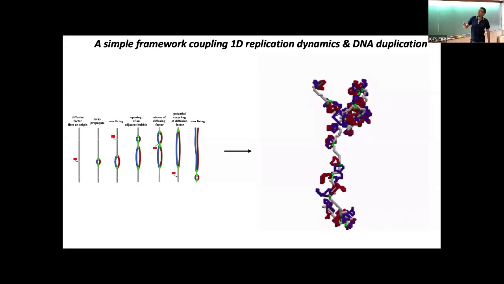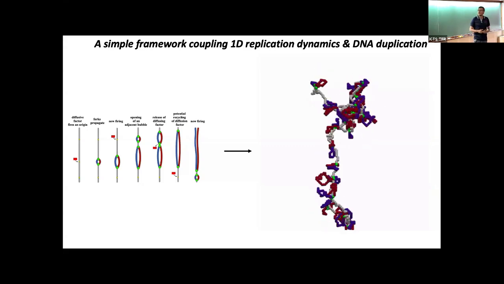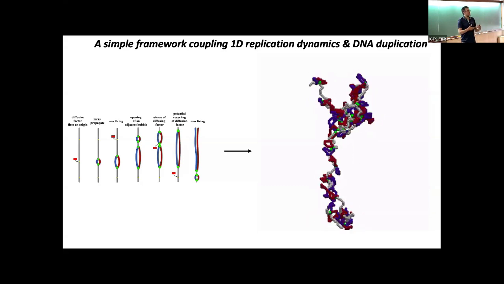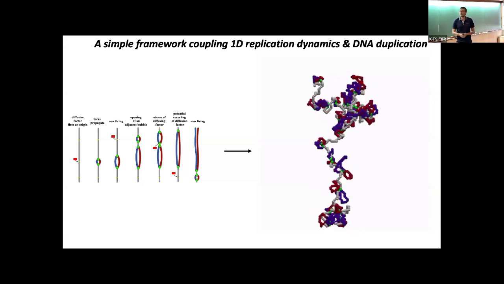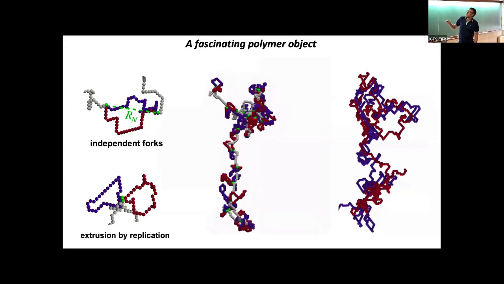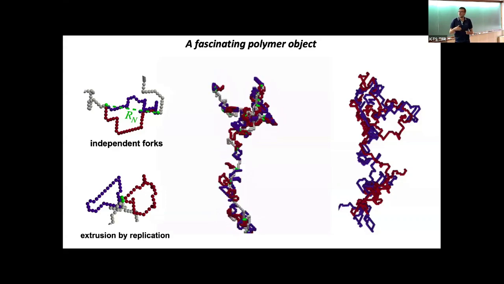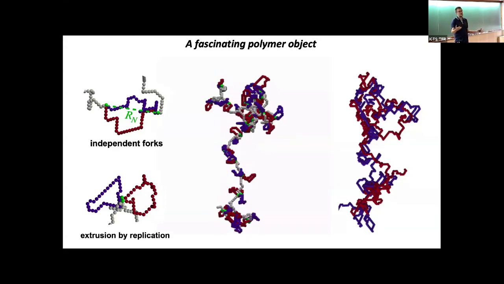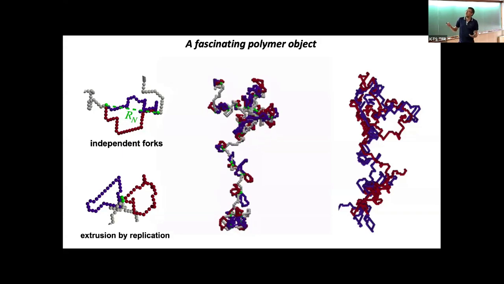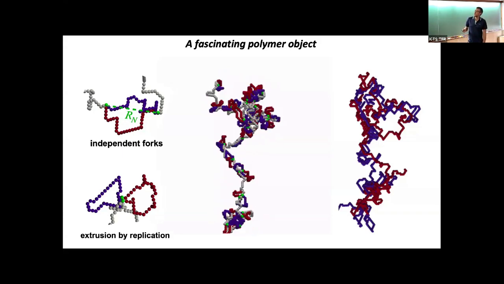So we have a framework that allows us to look at the effect of having replication, and on top of that, having two chains emerging from the duplication. First of all, it is quite an unusual physical object, because you have an out-of-equilibrium process, the replication, and at the same time the dynamics of the polymer. As a physicist, it is always interesting to have this kind of weird beast in our hands.